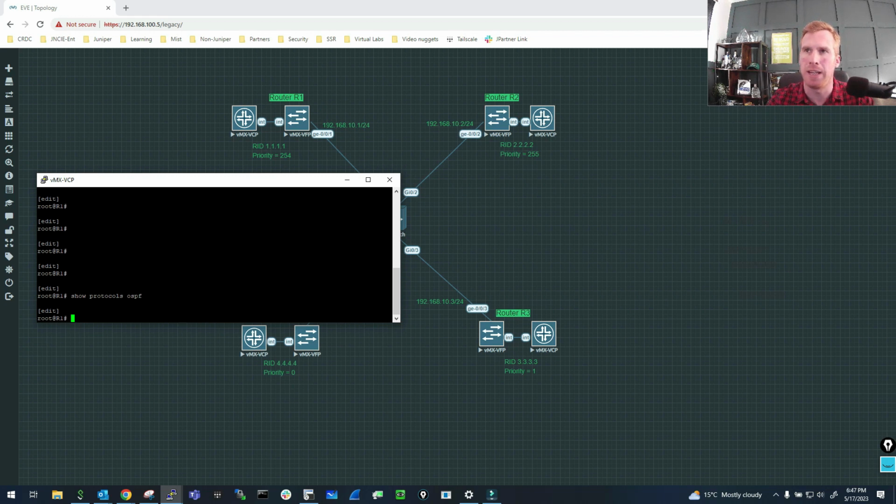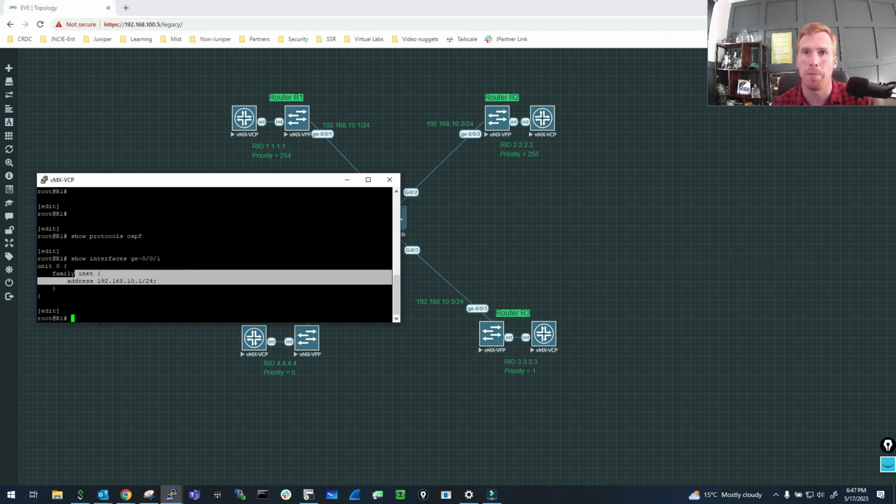But is there anything on the interface ge-0/0/1? Well, if I do show interfaces ge-0/0/1, we can see it's already been pre-configured with the IP address 192.168.10.1, to be precise. Okay, so let's set the routing protocol OSPF.